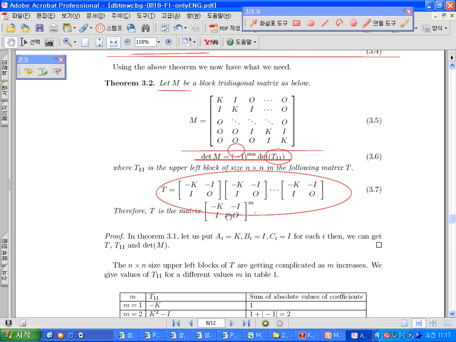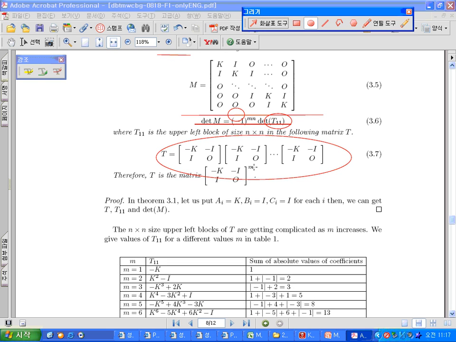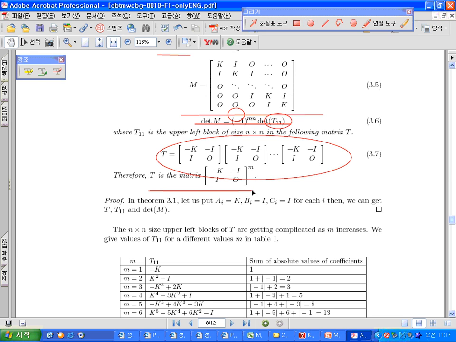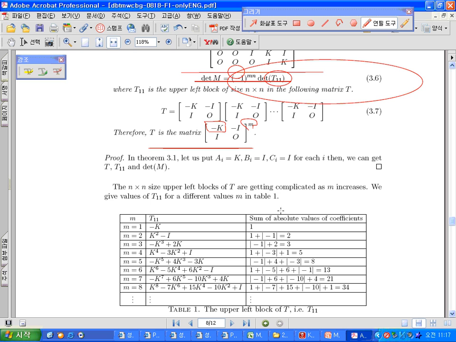So T is a matrix of what? The mth power of this matrix, because the forms are the same. So T is this matrix, so T11 is the upper left block of this matrix. Upper left block. That means this. Upper left block of this after we multiply to the m-th power.